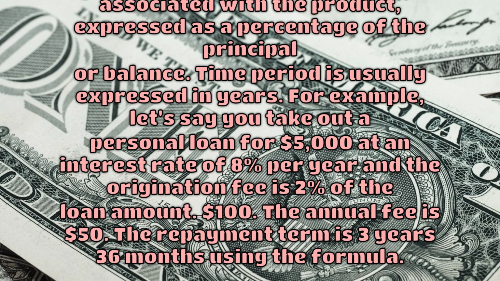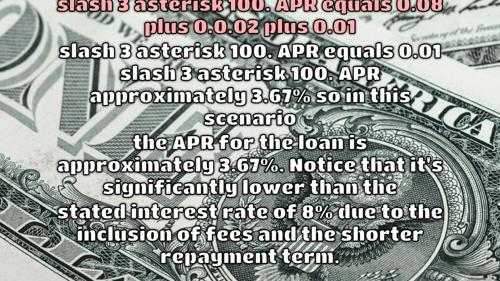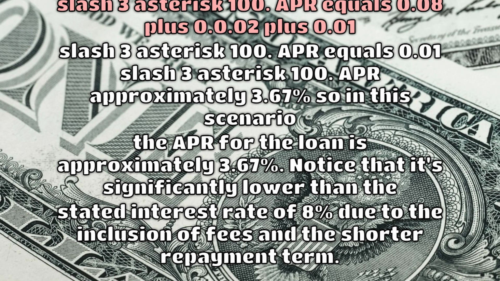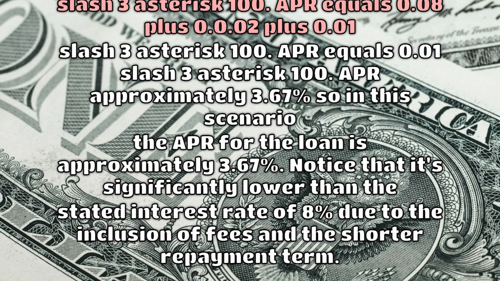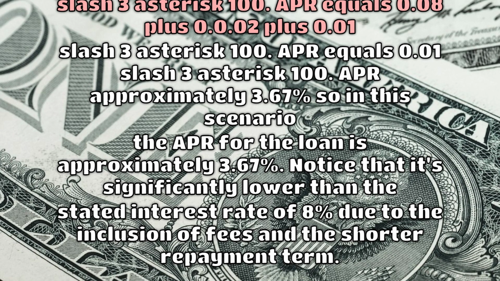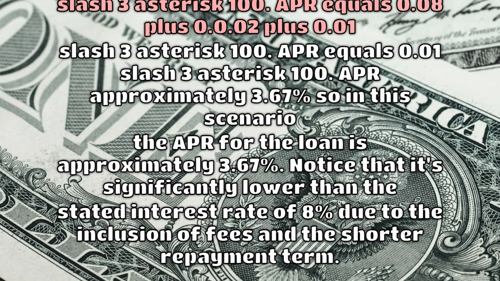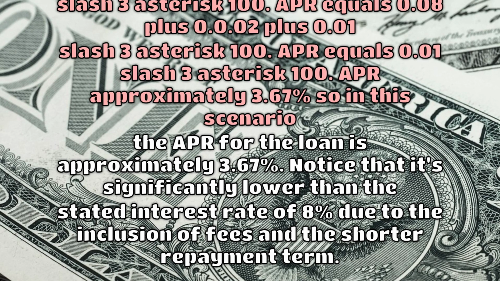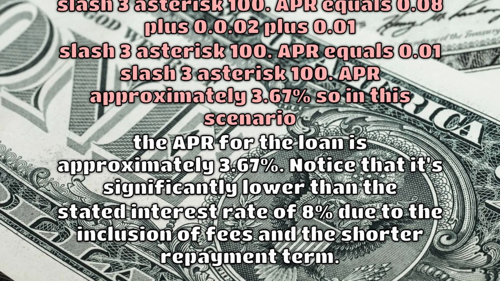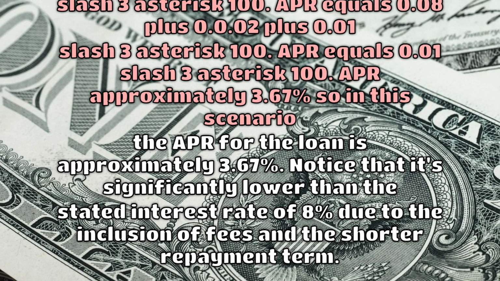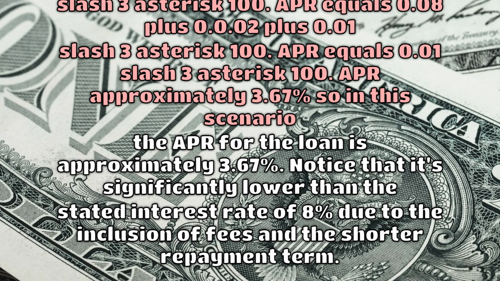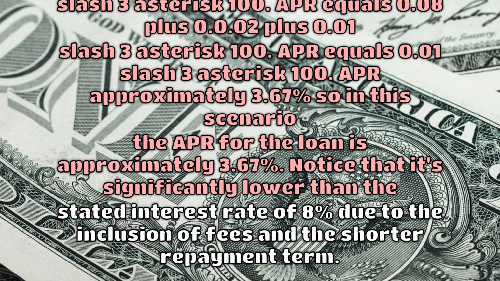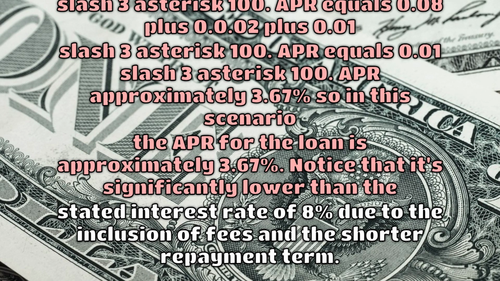Using the formula, APR equals 0.08 plus 0.02 plus 0.01 / 3 * 100. APR equals 0.11 / 3 * 100. APR approximately 3.67%. So, in this scenario, the APR for the loan is approximately 3.67%.